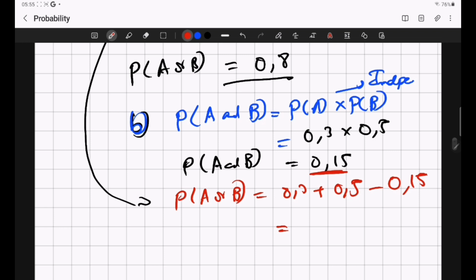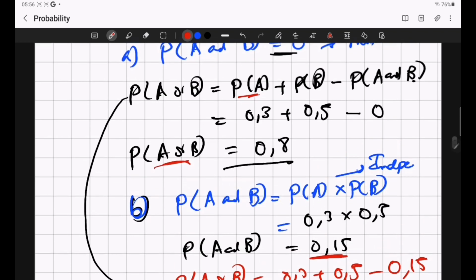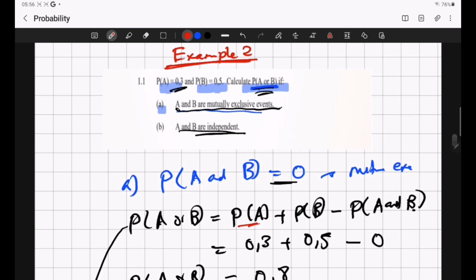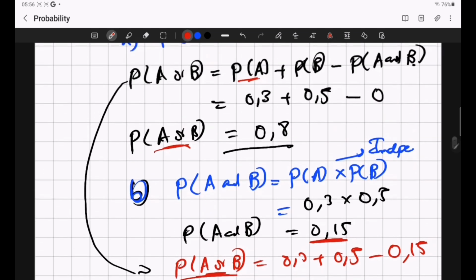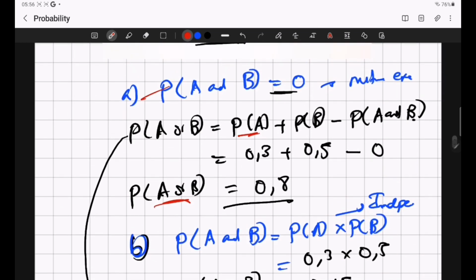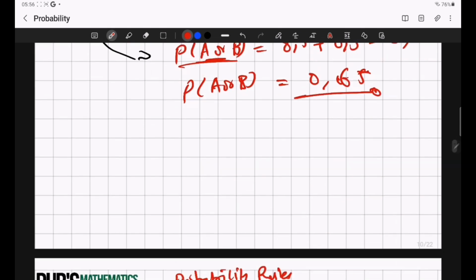If you punch this in the calculator, you get 0.65. So you see you're getting different answers depending on the conditions, whether we're assuming that A and B are independent or mutually exclusive events. You see how important it is to know the conditions for independence and mutually exclusive, and how important it is to use the addition rule formula.